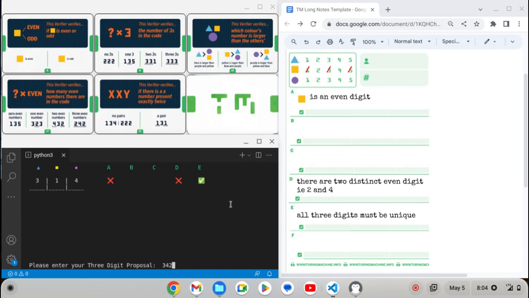And well, let's try it. So 3, 4, 2. Okay. I'm going to hold off on confirming what the largest is. And I want to test whether there's a 3 or not. So that would be criteria B.